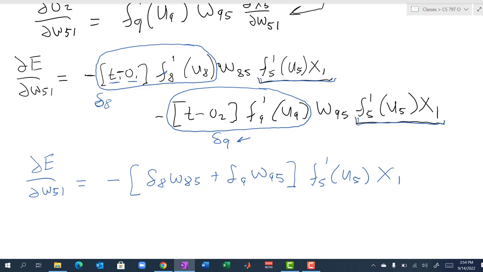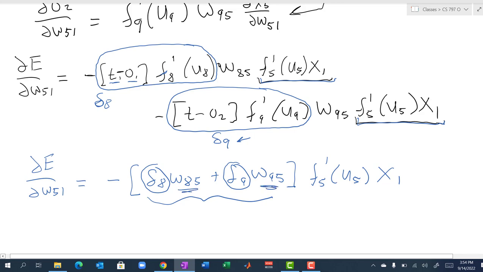And then we look at this and we see, well, this is the sum of the deltas for the output layer times the weights going up to the output layer from 5. And so this is the sum of the errors that neuron number 5 feeds out to. And that's what we used in the formula for backpropagation.